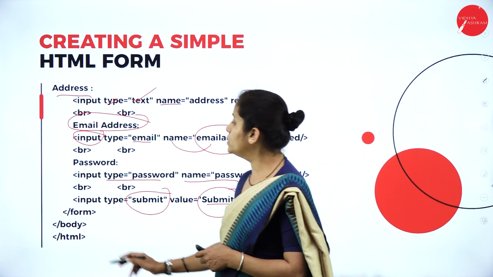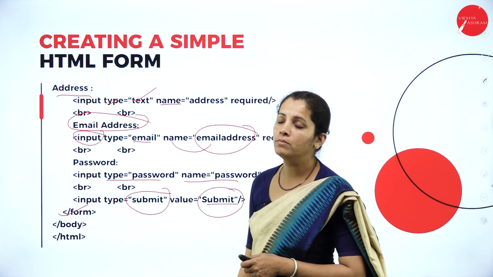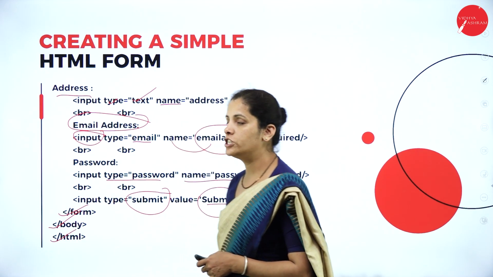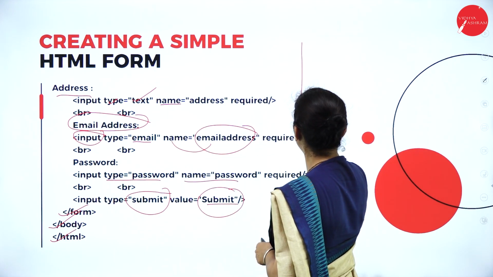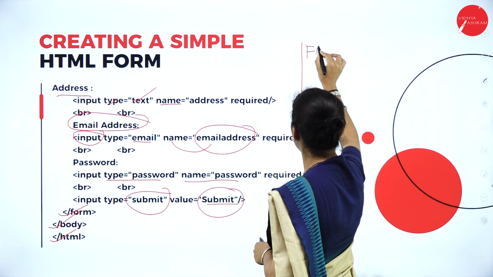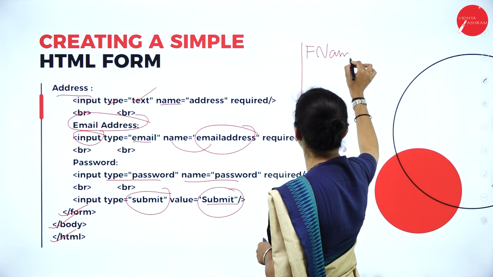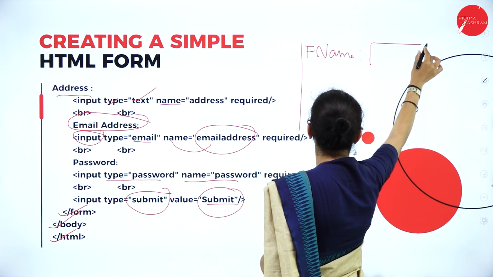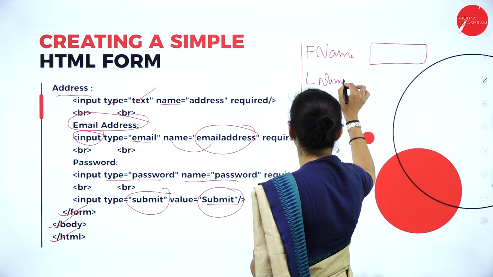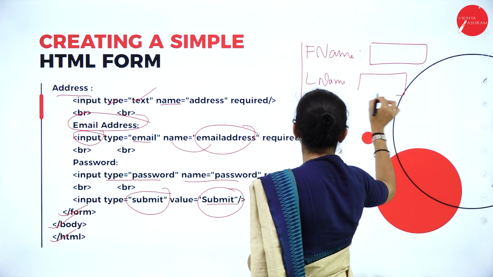Now I'm going to close the form, close the body, and close the HTML. Let's see how the output is going to look. First name, I'll write F name, colon, and you're going to get the text box. Then L name, colon, text box.